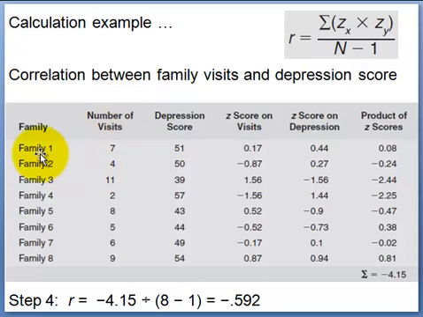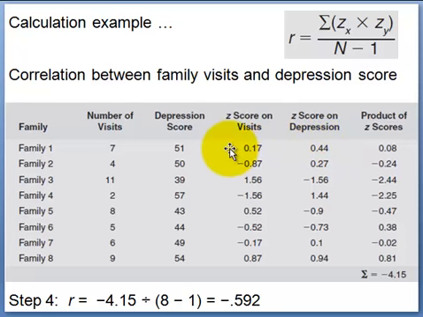So here's our 8 cases, our 8 families, and here's our family visit scores, and here are our depression scores. So then what's calculated in the 4th and 5th columns are z-scores.